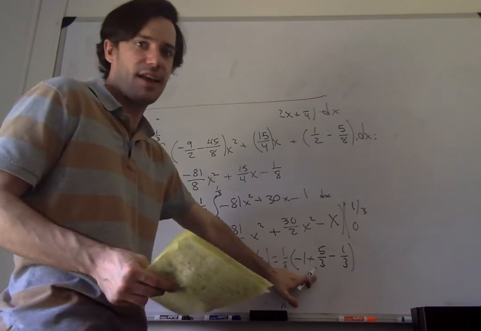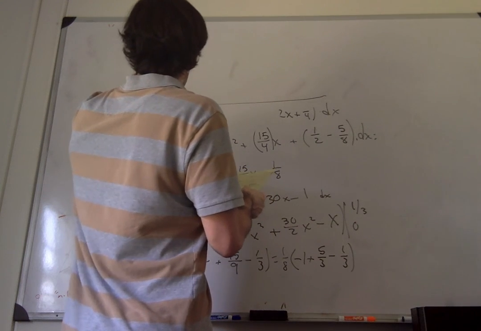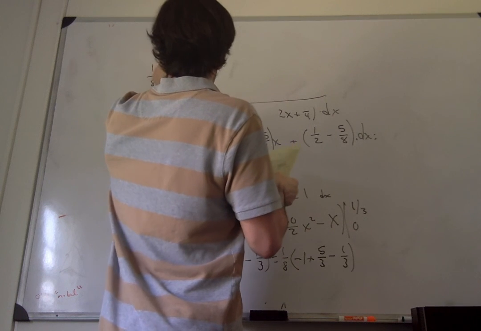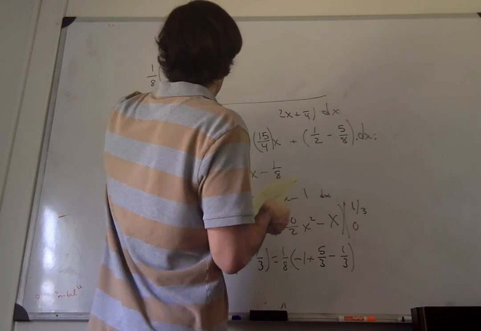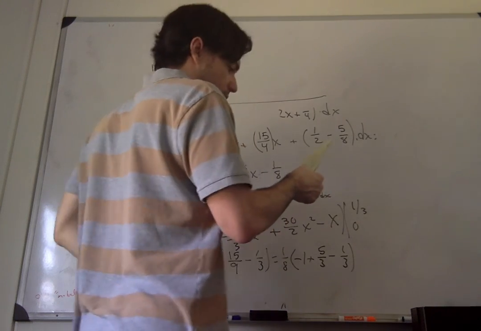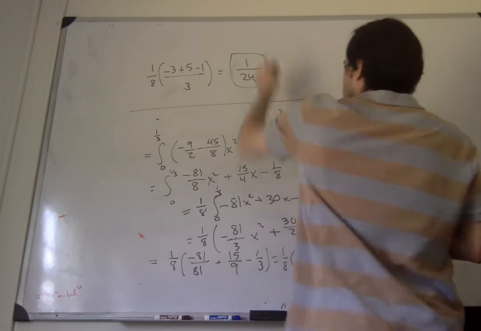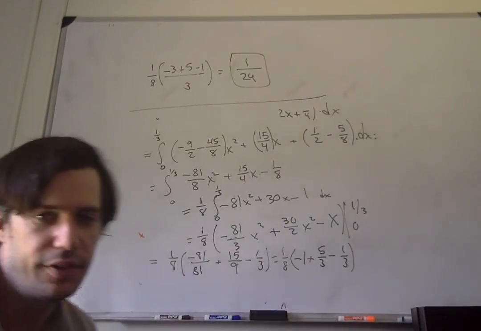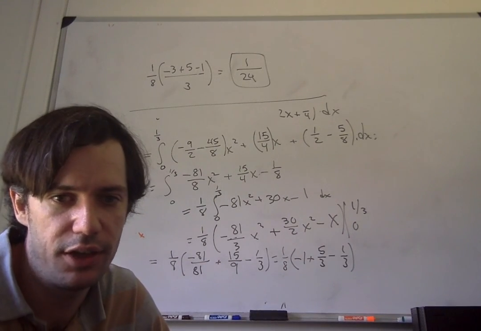I'm going to take that calculation, bring it up to the top, and I get 1/8 negative 3 plus 5 plus 1. Sorry, minus 1. And when I combine all that, I get 1 over 24. Okay, so that is the end of it, and you might want to pause it and look over it. Okay, enjoy.